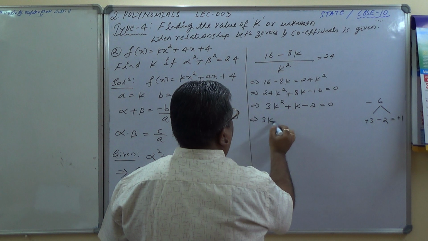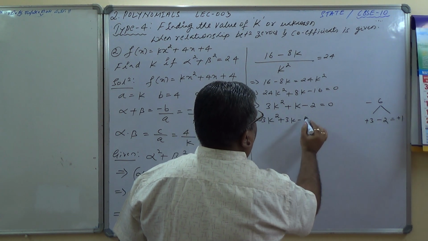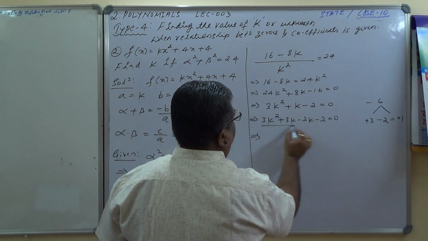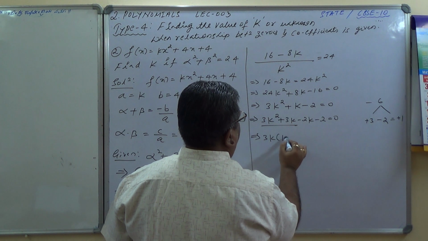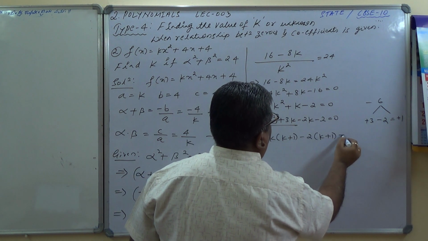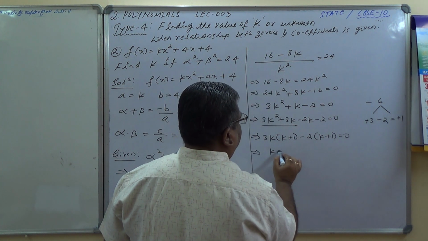This implies 3k square plus 3k minus 2k minus 2 equals 0. Take common here: 3k into k plus 1 minus 2 into k plus 1. K plus 1 is common here.